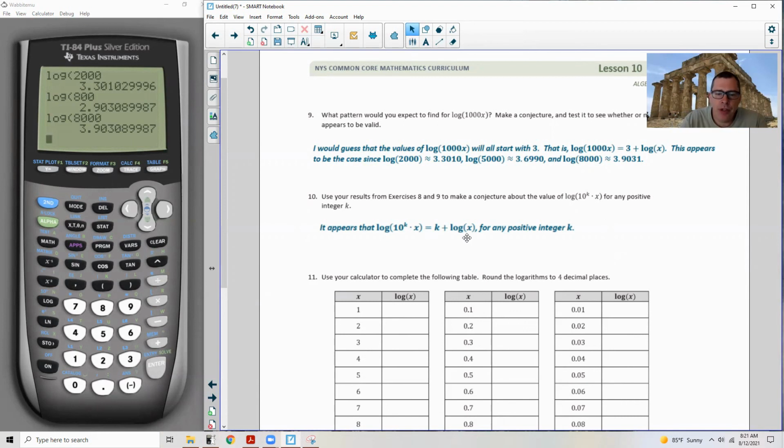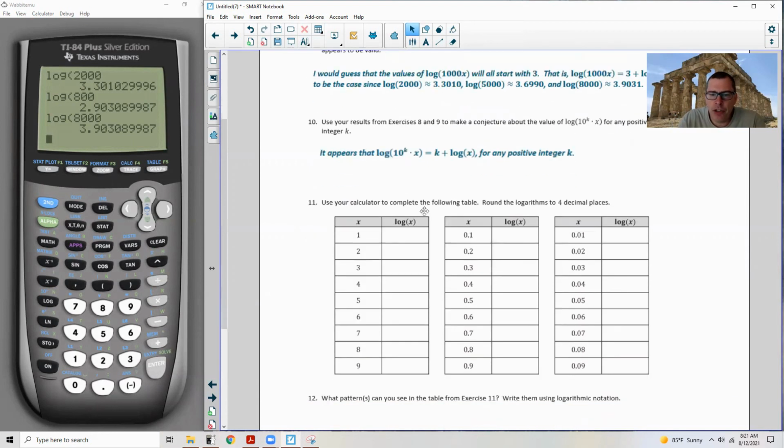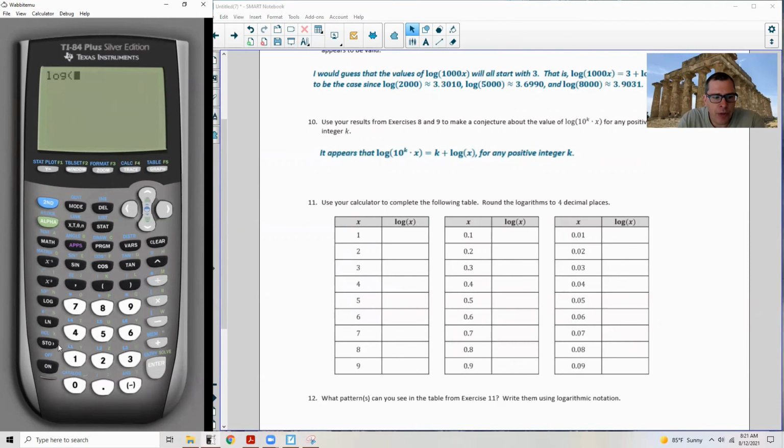All right, so now it says to use your calculator to complete the following table. Round the logarithms to 4 decimal places. So here we go. I'll do the first few. Log of 1 is 0. Log of 2 is 0.3010. So I'll write those.